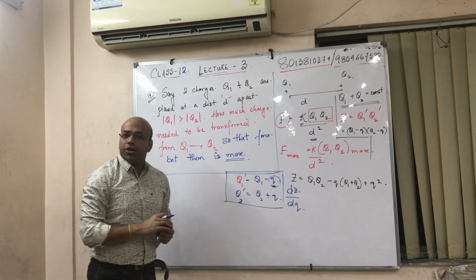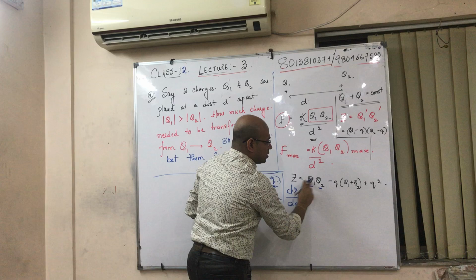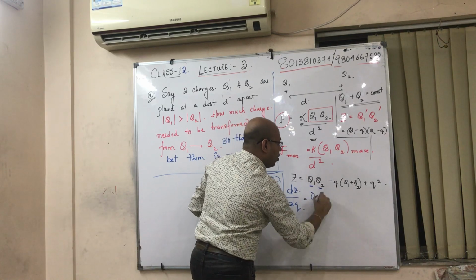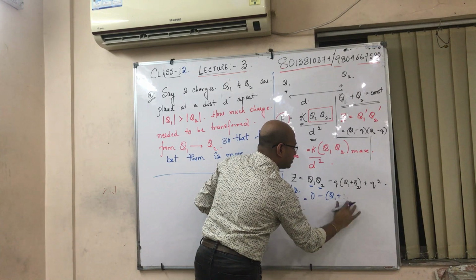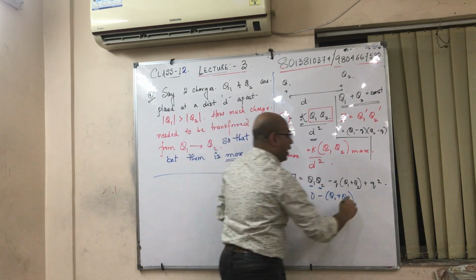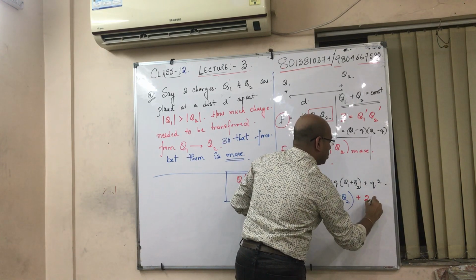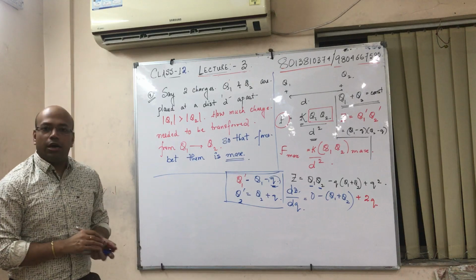Q1 and Q2 are constant because they are fixed, so that is 0, minus Q1 plus Q2, and plus 2Q. I hope this is clear.